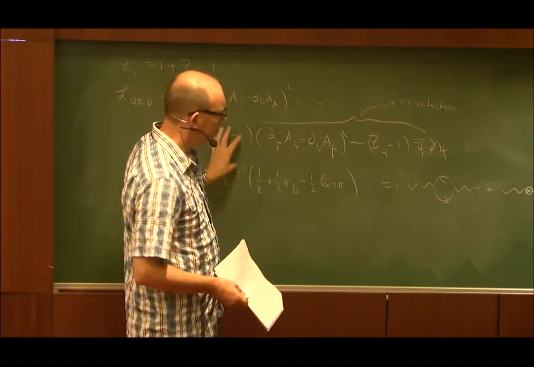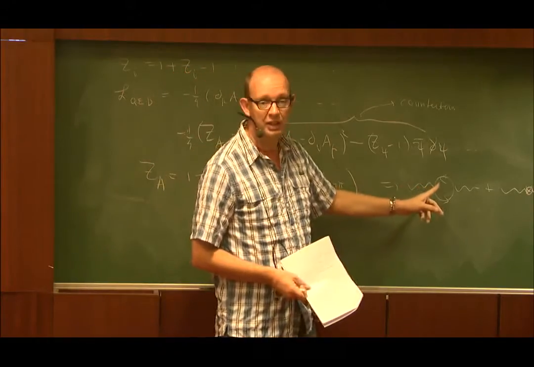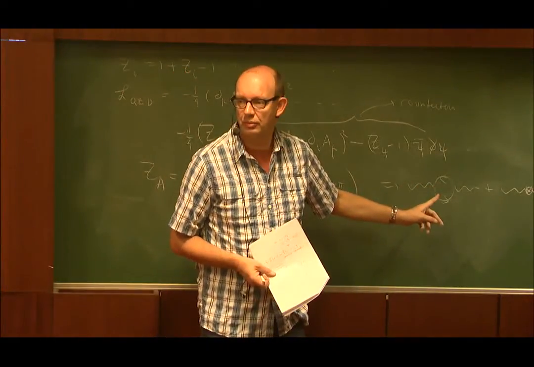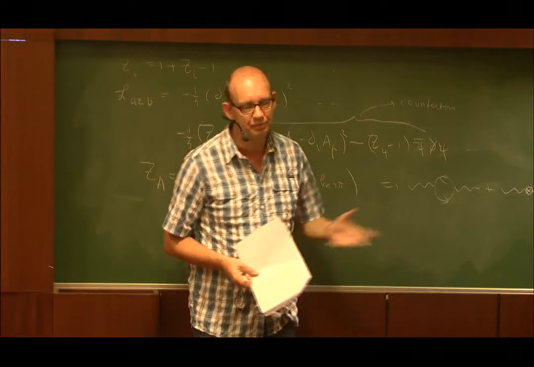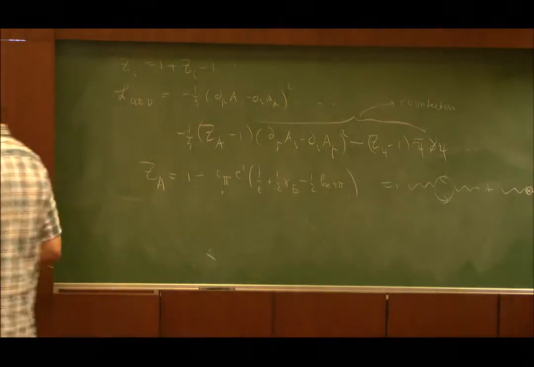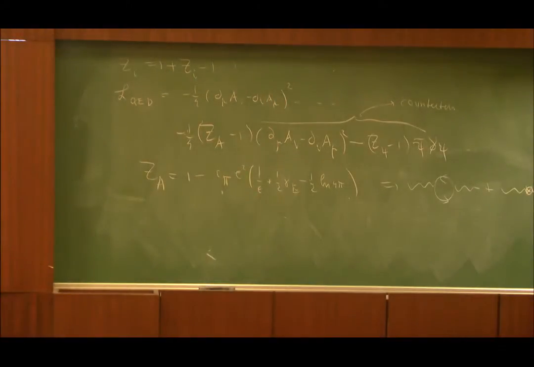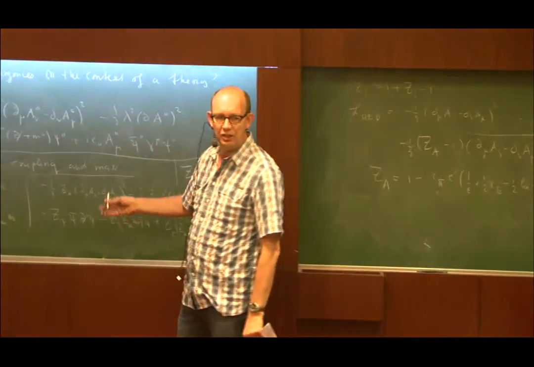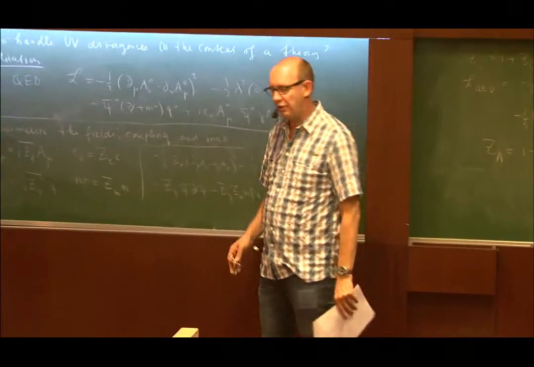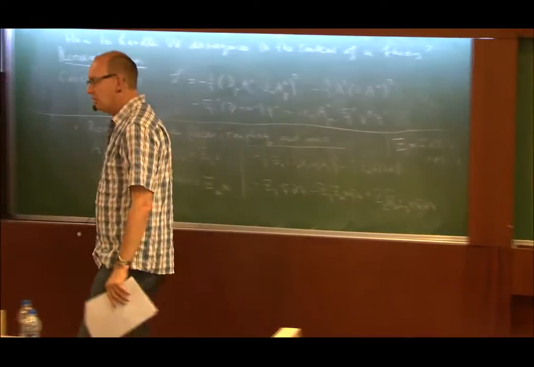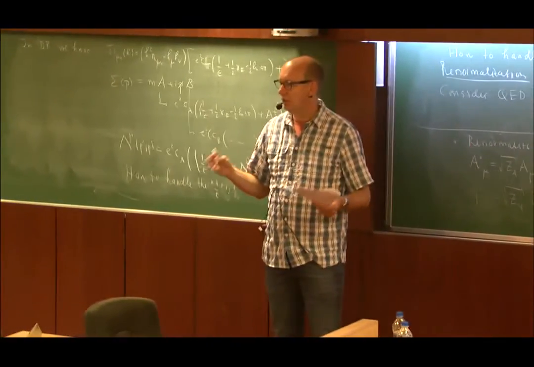The counter term now gives me a new contribution that precisely cancels it because I chose the Z that way. And same for Z_psi, I can choose it to cancel the sigma divergence. I can choose Z_e and Z_m also to cancel these divergences. That's how far we are.